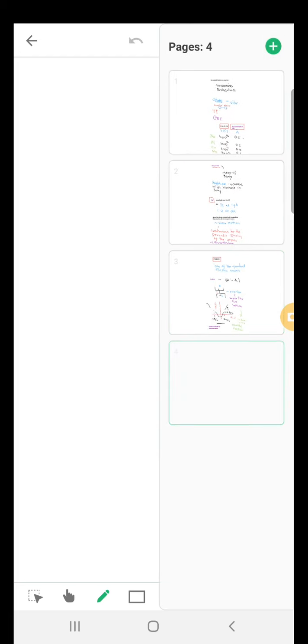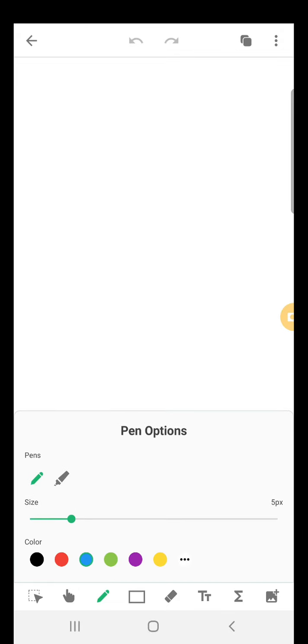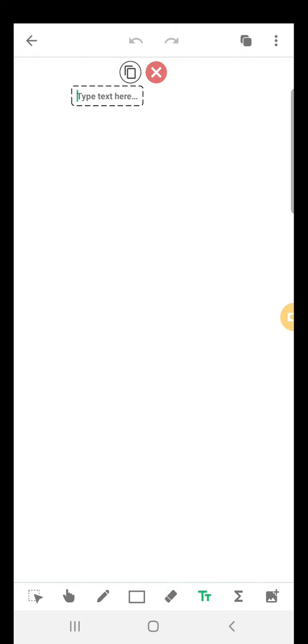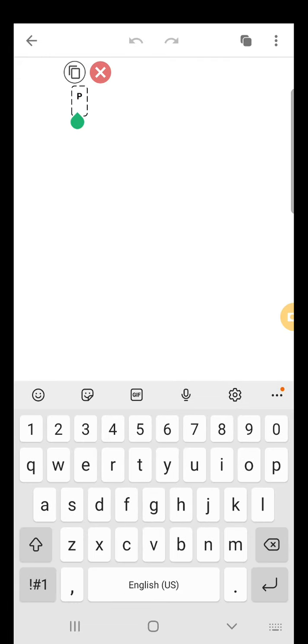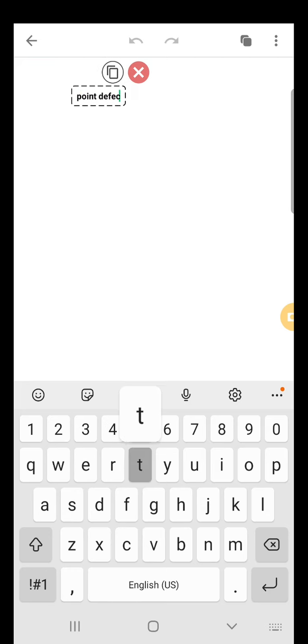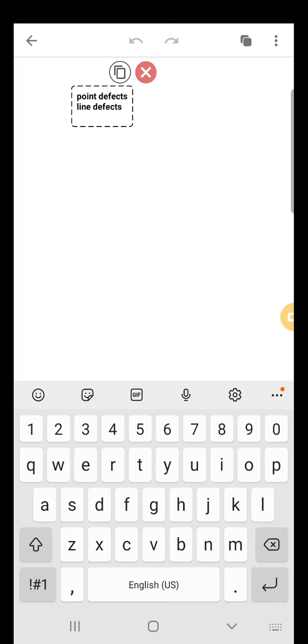Now, there are various other structural imperfections in the lattice, and these structural imperfections can be classified as point defects, line defects, and surface defects.